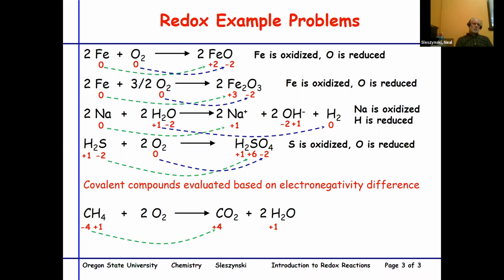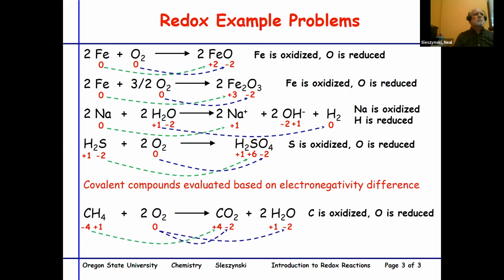Hydrogens do not change oxidation states. On the other hand, oxygen goes from 0 to -2 in carbon dioxide, or 0 to -2 in water. If we go ahead and evaluate all of those gains in electrons, we see oxygens have gained a total of 8 electrons. Carbon has lost a total of 8 electrons. In this reaction, carbon is being oxidized and oxygen is being reduced.